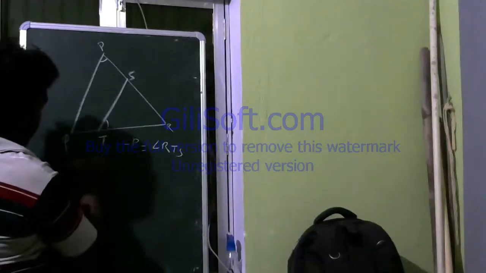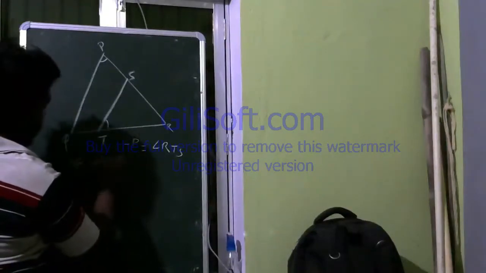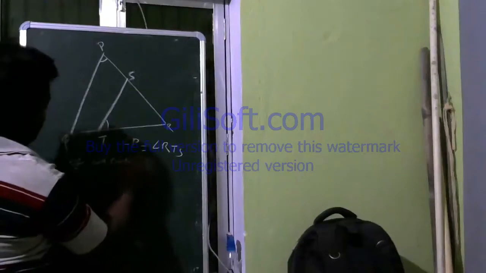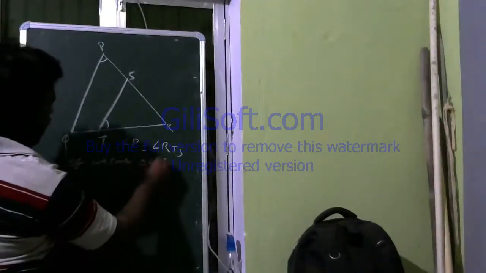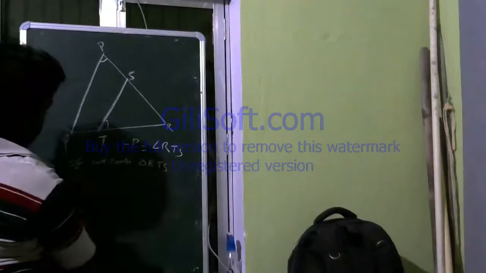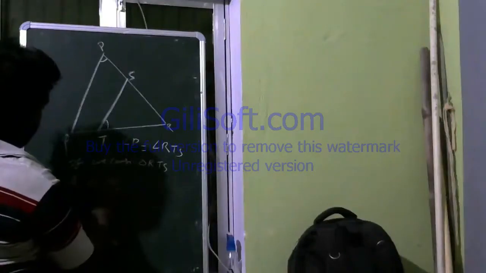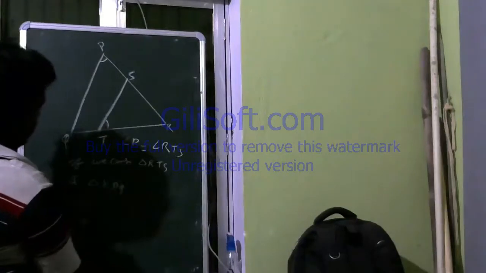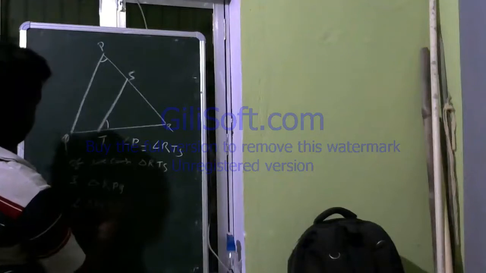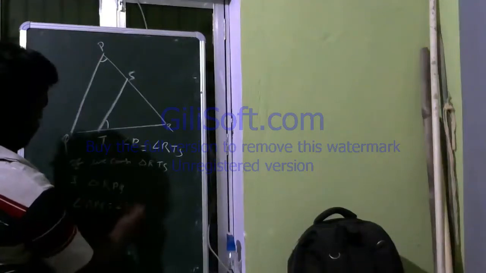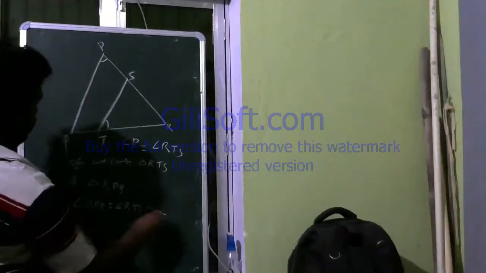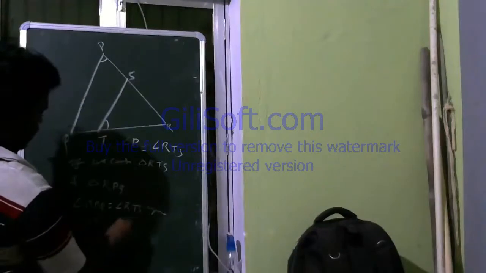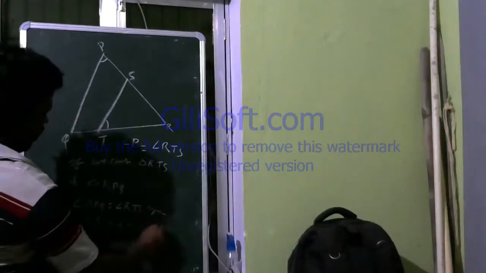if we consider triangle RTS and triangle RPQ, angle RPQ is equal to angle RTS, given, and angle R is equal to angle R, common.